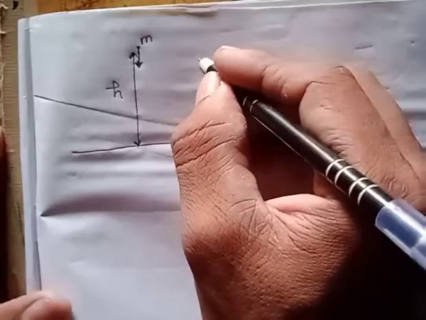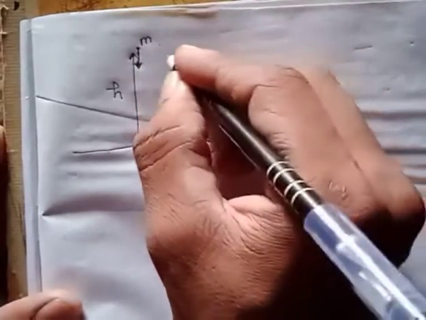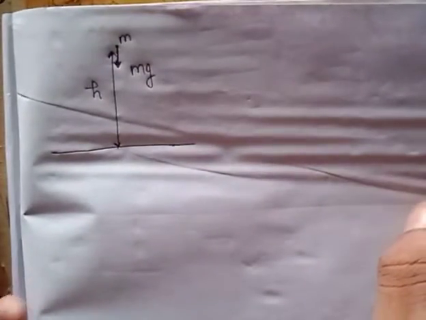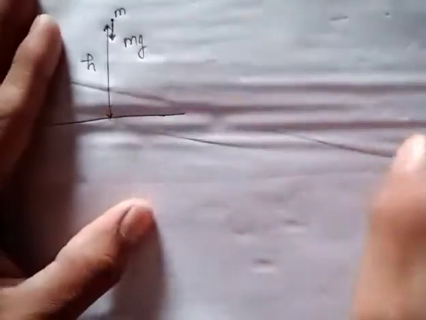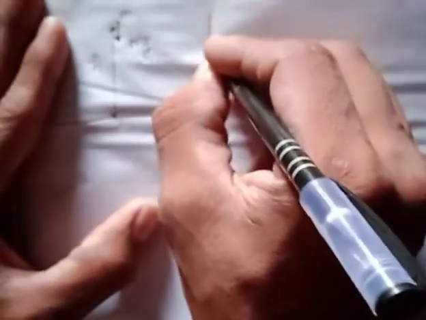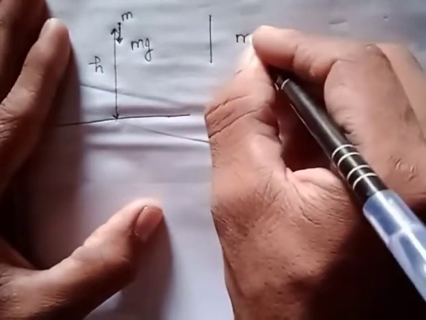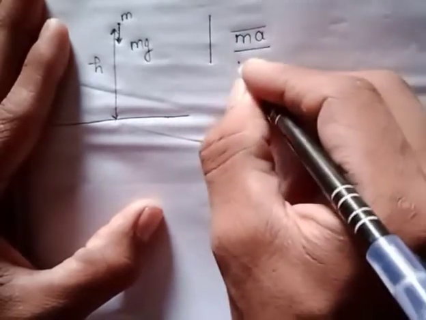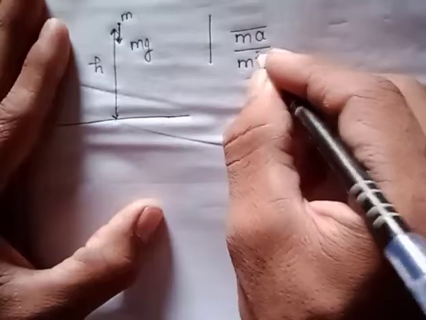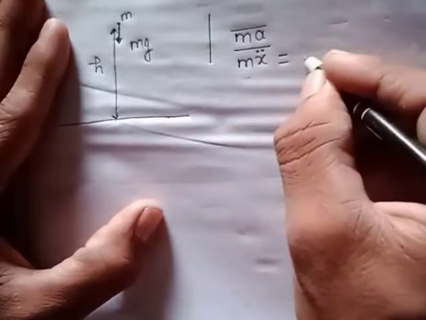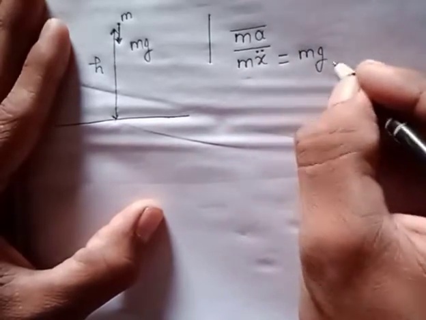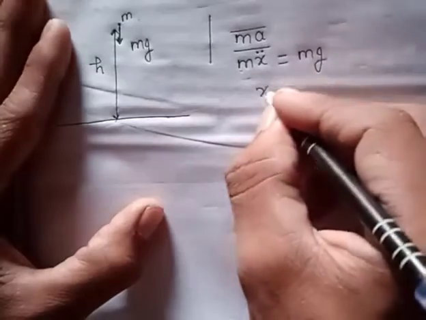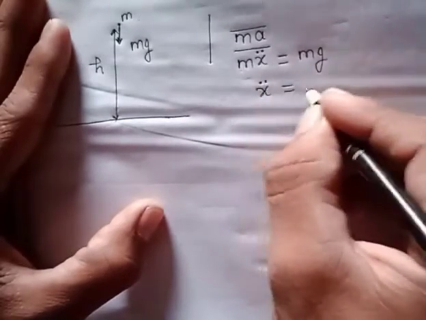So let the acceleration due to gravity be g, then force mg will act downwards. Okay, if mg force acts downward, then from Newton's law of motion we know that mass times acceleration, that is m x double dot is equal to mg. Okay, so from here x double dot is equal to g.